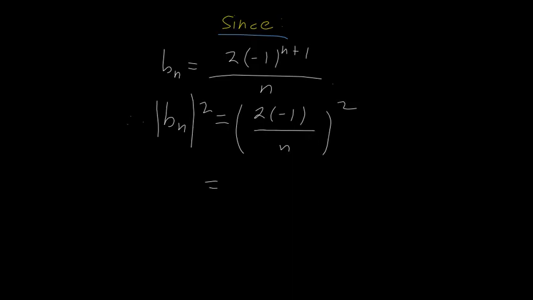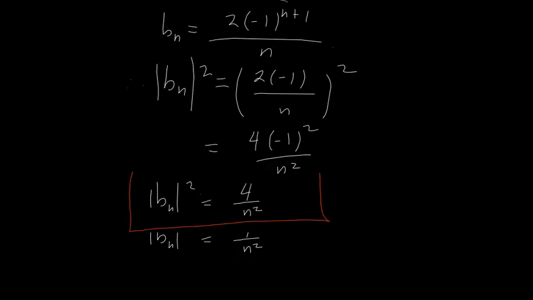And then this now becomes 4 times -1 squared over n squared. That just gives me 4 all over n squared. And you'll notice that's my b sub n squared, over n squared.